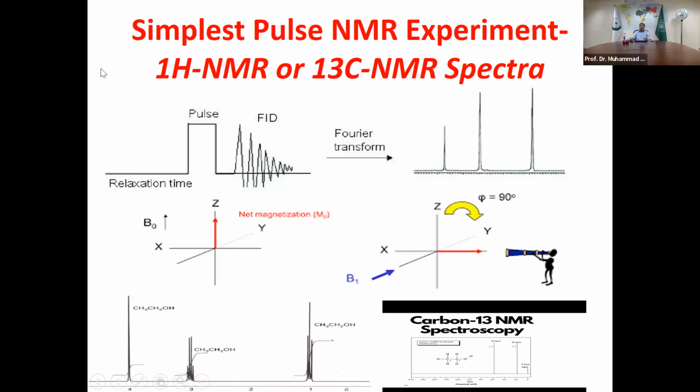Now, after this experiment, you wait for a while, which is called relaxation time. Generally, we give 5T1, and we will tell you how T1 is calculated.